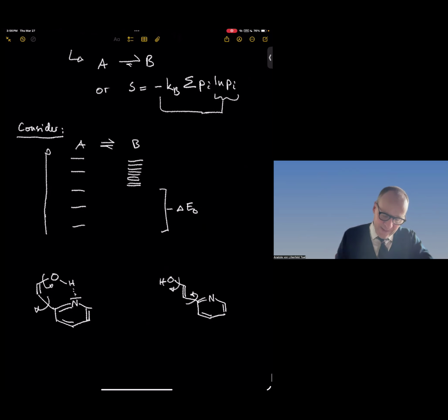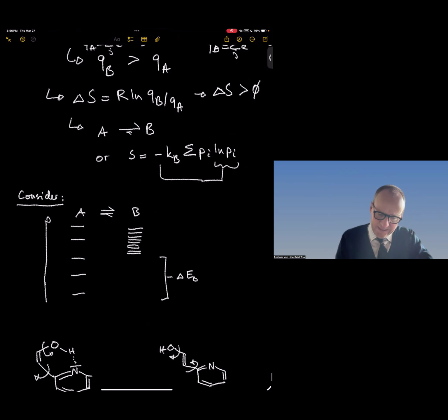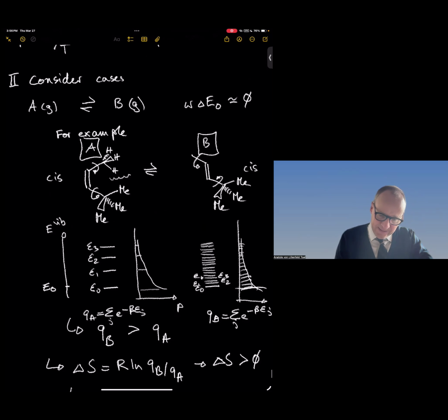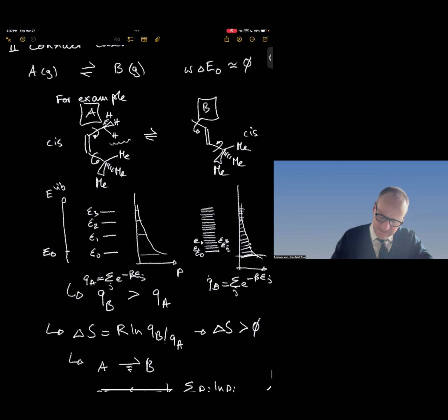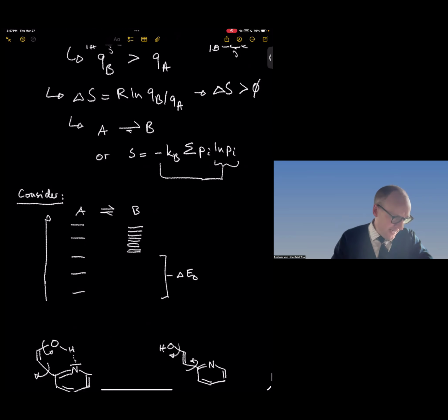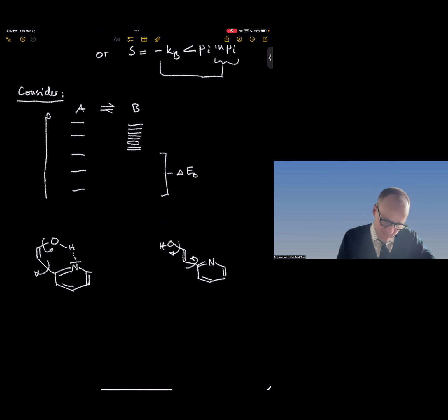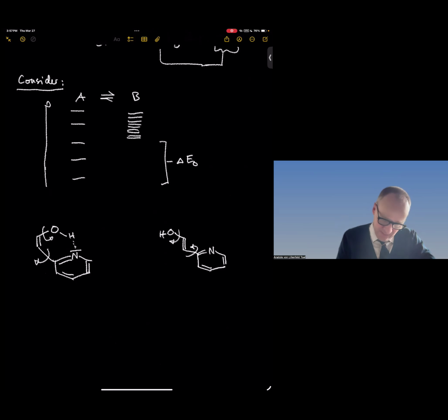And so what happens then is that this delta E enters in competition with your entropic term, right? Now, the delta E is temperature independent, and your entropic term will grow with temperature. So we know that the equilibrium should be like this for T to 0, right?